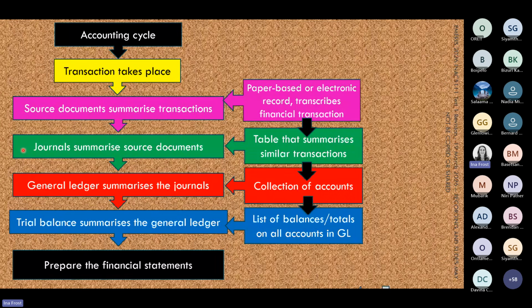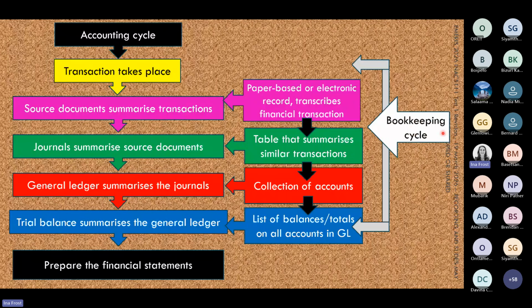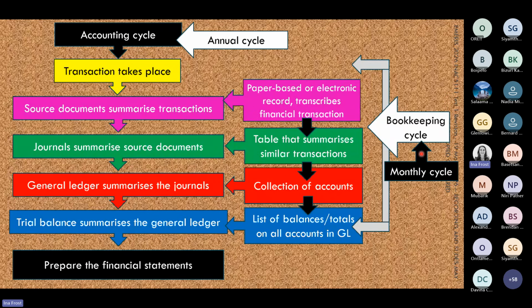And these steps from when the transaction takes place until we get to the trial balance, we refer to as the bookkeeping cycle of the business. And this bookkeeping cycle takes place on a monthly basis. And once we've completed the bookkeeping cycle 12 times, we would have completed the accounting cycle.